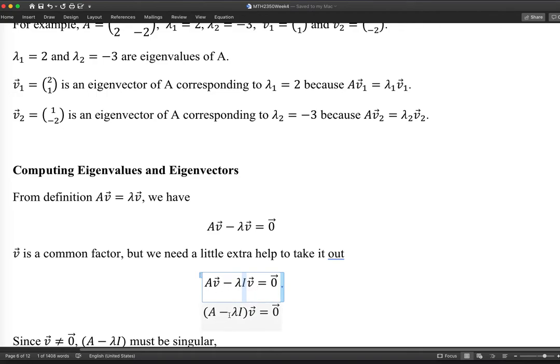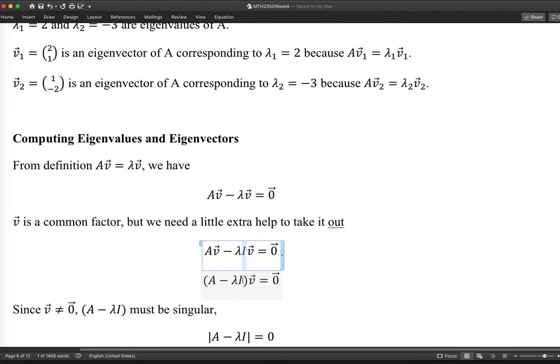And A minus lambda I makes perfect sense, right? And then for the next part, you want to understand that this v is supposed to be a non-zero vector. It has to be a non-zero vector.